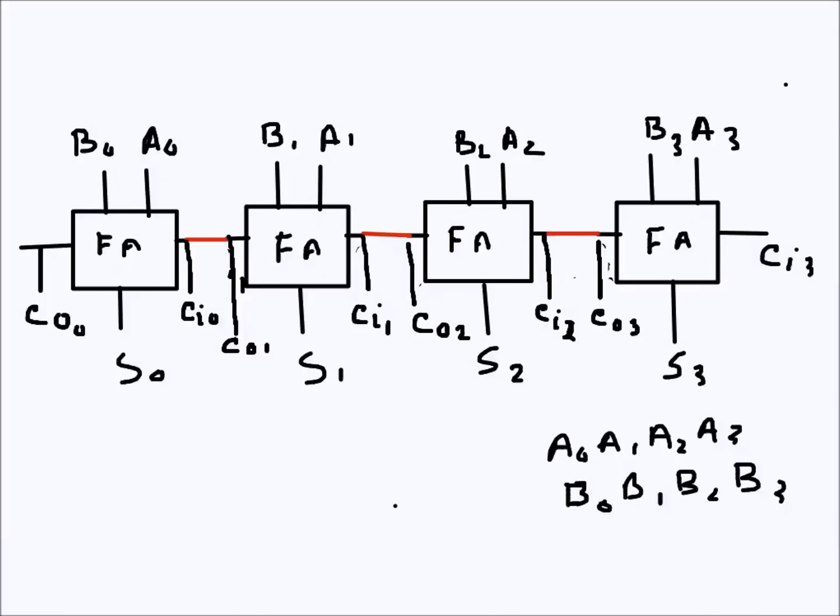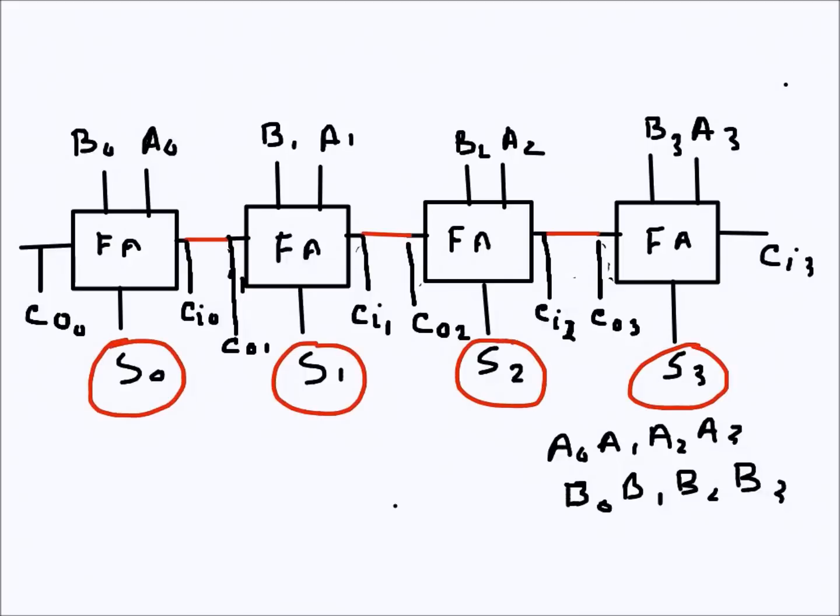The bits are A0, A1, A2, A3, and B0, B1, B2, B3. A0, B0 are the MSB, and A3, B3 are the LSB. So the sums are here, S0, S1, S2, S3, and this is carry in for the first one, and this is the carry out here, and then this carry out of the least significant bit is connected to the carry in of the second bit.